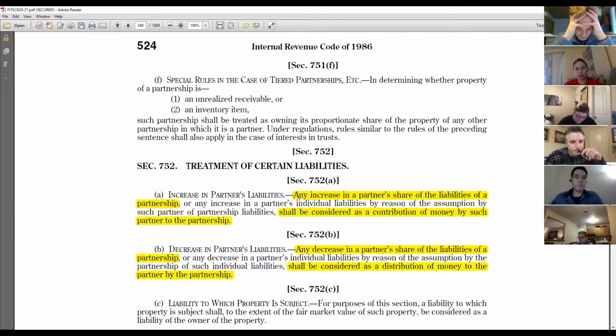So in that example I just gave you, you have 10 of outside basis. The partnership borrows a bunch of money. Your share of that borrowing is 40. Then the partnership takes some of that borrowing and distributes the cash to you, 20 of it. In the S corp world, you have gain of 10 because your 20 of distribution exceeds your outside basis of 10. You get no basis in your S corp shares for that entity borrowing.